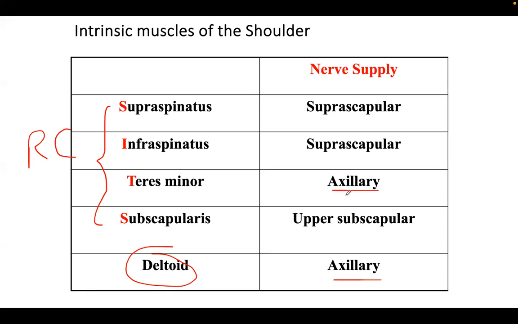Okay, so the axillary nerve supplies the deltoid. It also supplies the teres minor, which is part of the rotator cuff. I strongly encourage you to memorize what muscles are innervated by the axillary nerve.